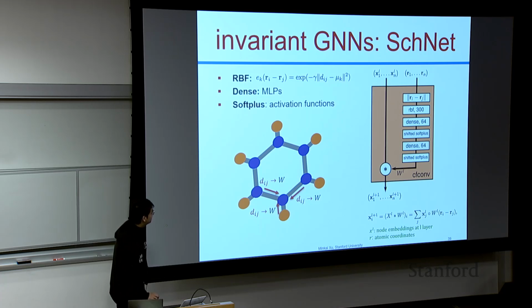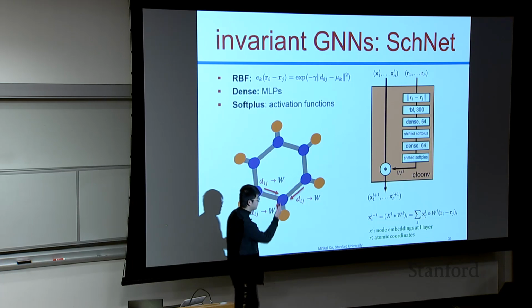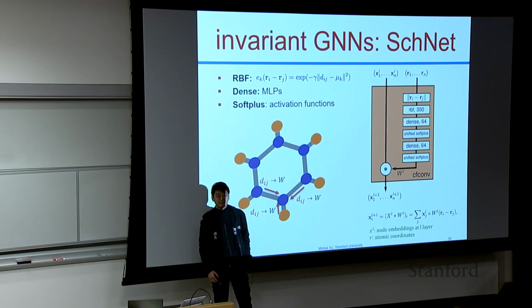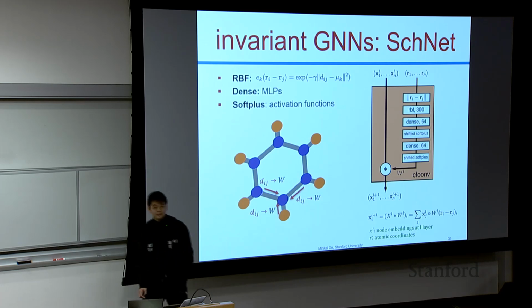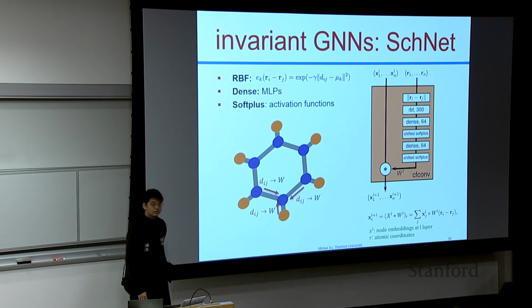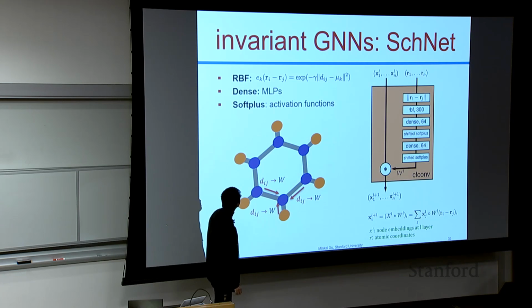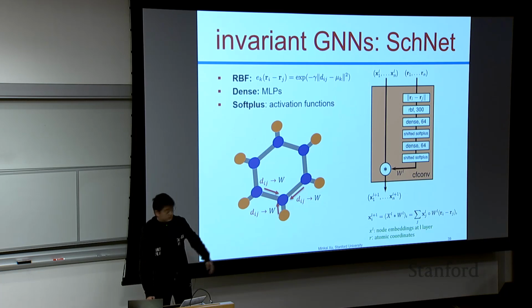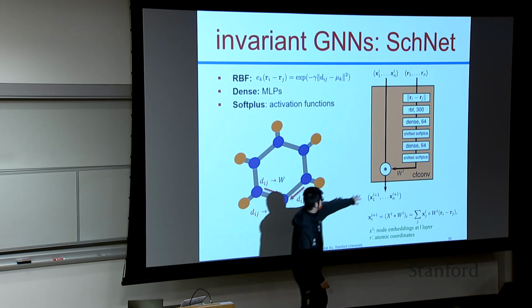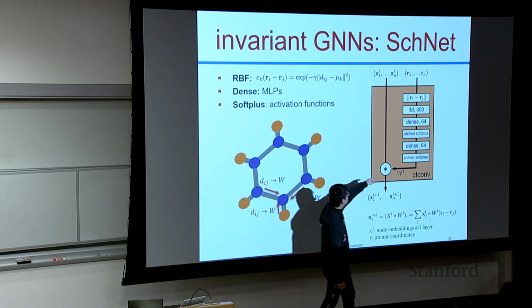Okay, and this is so defined. Considering the time, maybe we skip this kind of network architecture. Yeah, we can skip it. This is just the message passing framework we have introduced before.